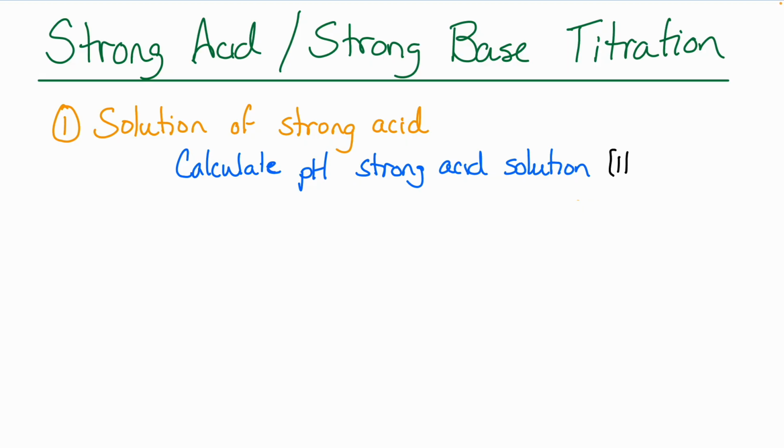Okay, importantly, that uses that concentration of acid is simply equal to concentration of hydronium, right? Because that reaction goes all the way to completion, that acid dissociation reaction. Cool, all right, so let's do it. Okay, again, we're going to call this region 1, solution of strong acid.